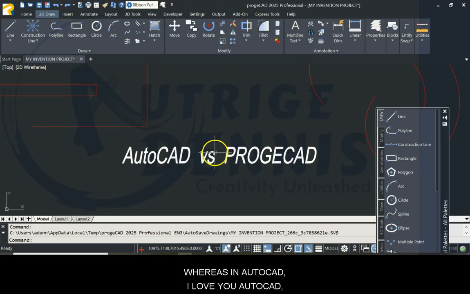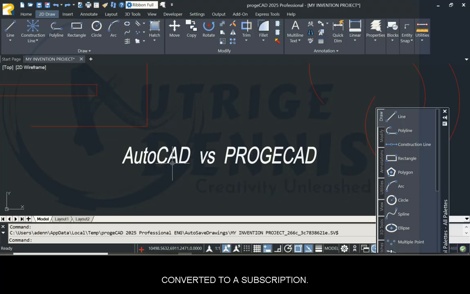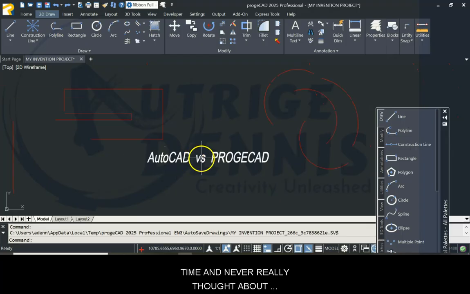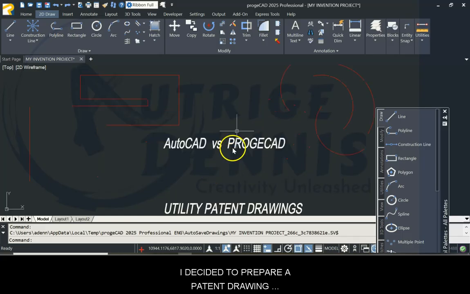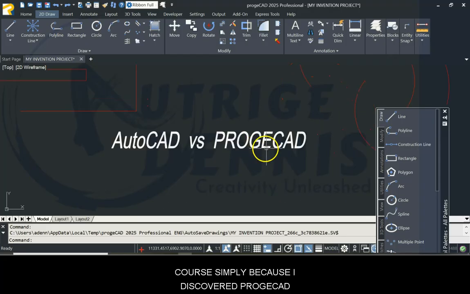Whereas in AutoCAD, I love you, AutoCAD, but a 30-day AutoCAD trial must be converted to a subscription. I've been doing patent drawing for a long time, and I never really thought about preparing a patent drawing course. I decided to prepare one simply because I discovered ProgeCAD.